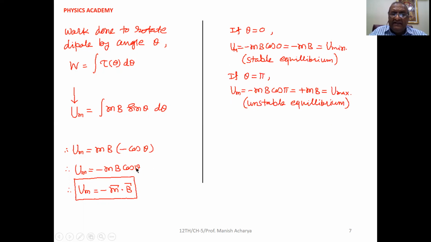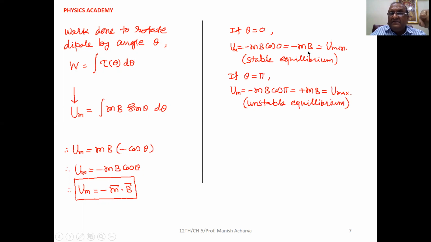If we take theta equal to 0, then cos theta is cos 0, so the magnetic potential energy is minus MB cos 0, which equals minus MB.